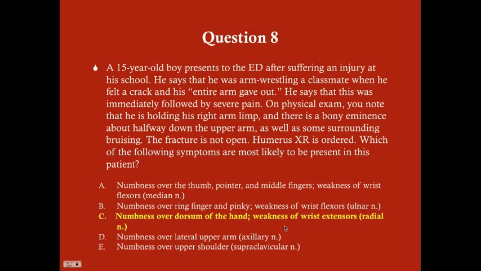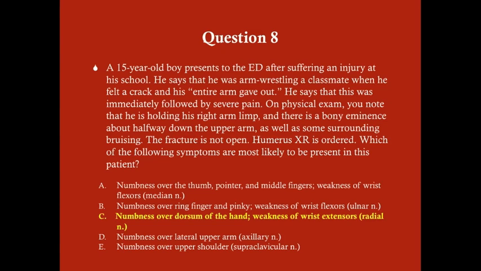And along the shaft of the humerus runs very intimately the radial nerve. As a matter of fact, when you look at the bone of the humerus, there's a region that's called the radial canal or radial notch. That's where the radial nerve runs. It runs very closely to the bone.